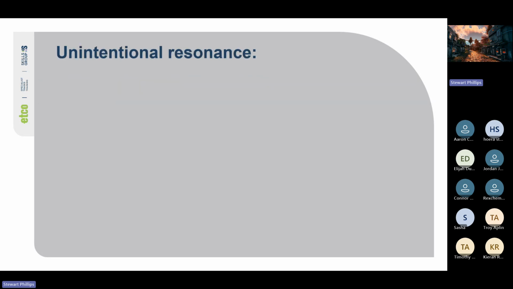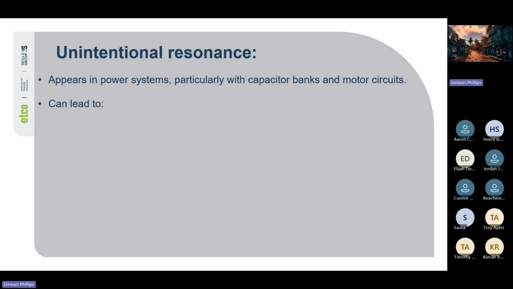Then we've got unintentional. So it's mostly in power systems, particularly with capacitor banks and motor circuits. So in a big industrial factory where they use capacitor banks as power factor correction, it can lead to excessive voltage on equipment. So all of a sudden, equipment that's designed to run at 230 or 400 is seeing 6, 8, 900 volts at the terminals.